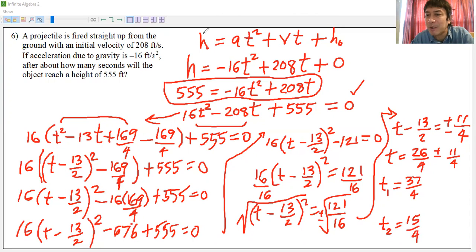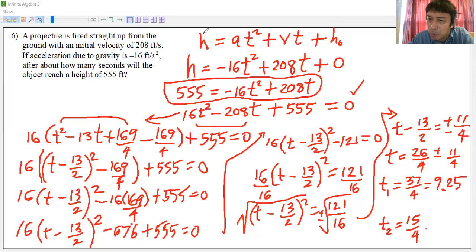And so we have the times already, and we have two answers. All right, the first one is 37 over 4. That will be 36 over 4 plus 1 over 4. And that makes 9.25. And this will be 9.25 seconds.